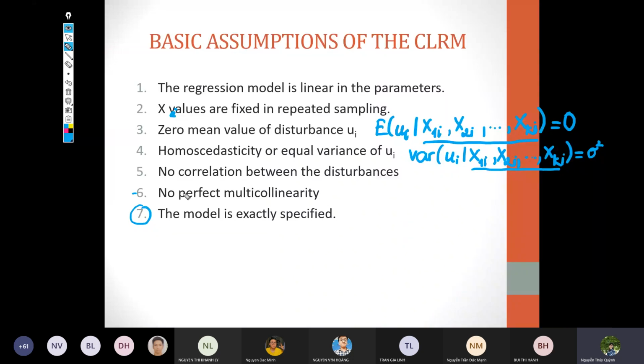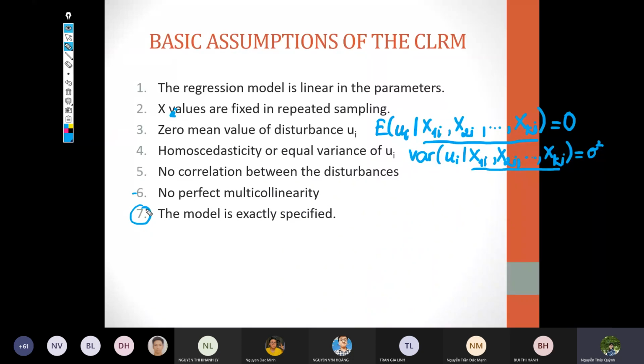As you see, higher correlation between the independent variables will cause the estimated coefficients to be less precise. So here we assume that there is no perfect multicollinearity among the independent variables, so that we can calculate the value of the estimated coefficients. In the case of perfect multicollinearity, you will not be able to calculate the value of the OLS estimators.